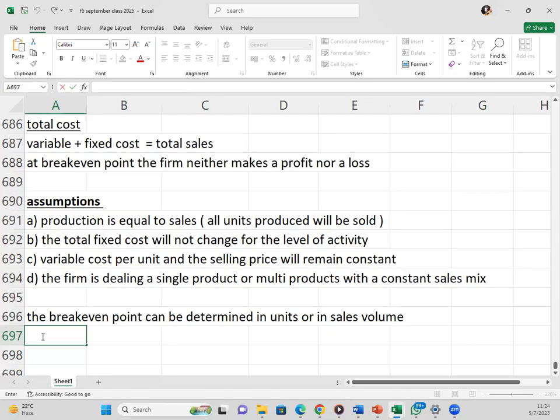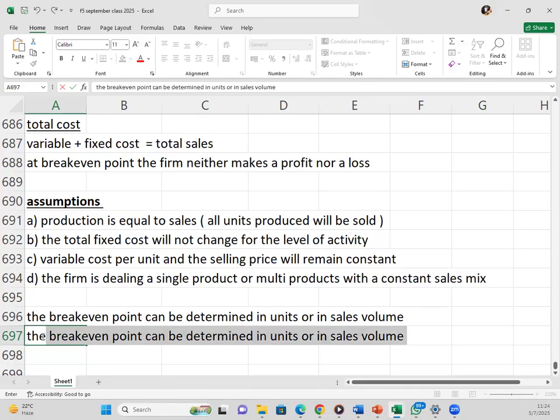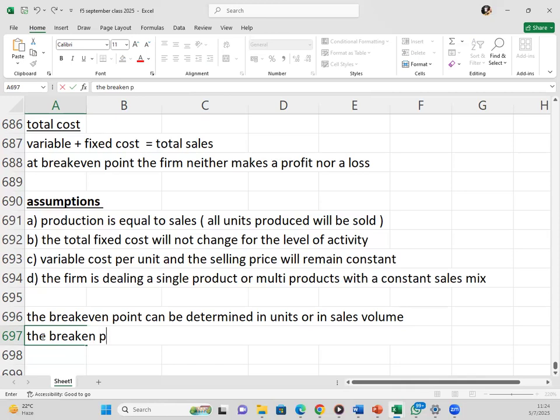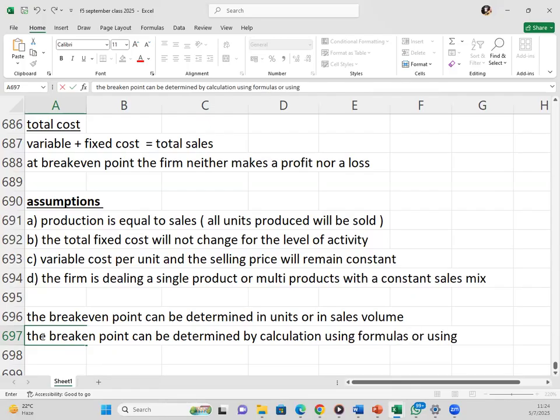So the break-even point, again, can be shown using a graph. The break-even point can be shown by calculations, determined by formulas, or by calculation using formulas, or using the graph.